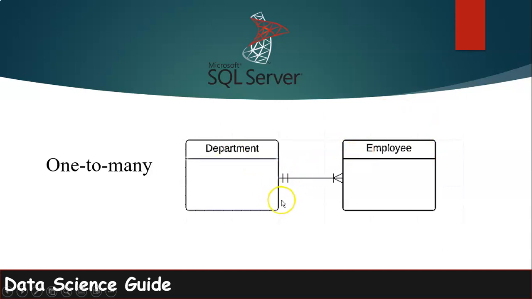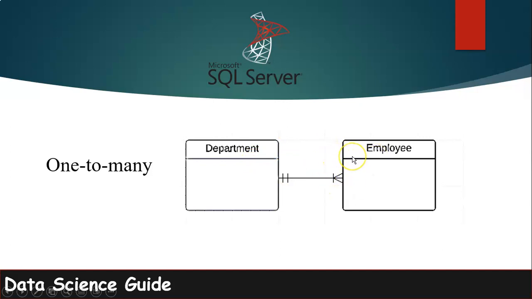The relationship here simply tells us that the department has either one or many employees. So this vertical line means one. This department has either one, or the crow's foot means many. So a department has at least one employee or more. This is the meaning of this symbol.